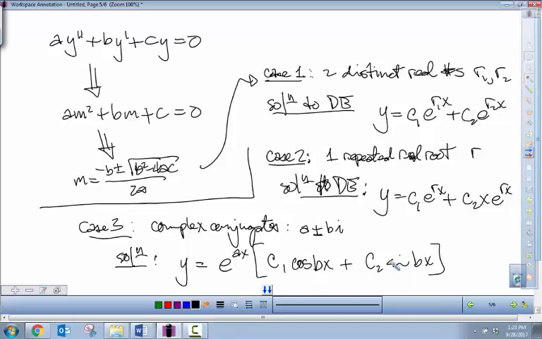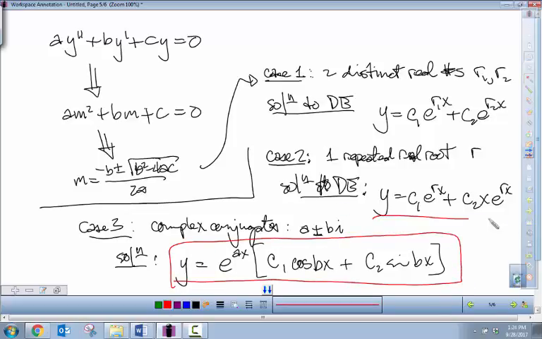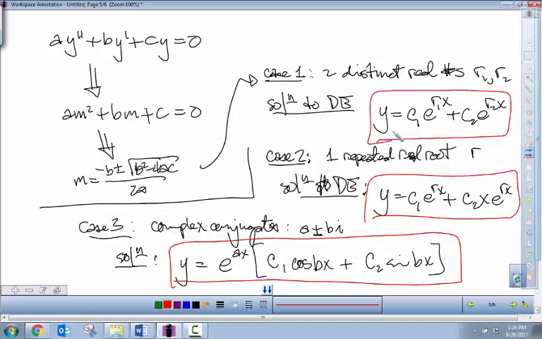So we'll see that this is a solution that comes up. Okay? So these are your special cases, or these are your solutions. These are your three possibilities. And if you're dealing with a second order differential equation with constant coefficients, homogeneous, then these are your only choices.